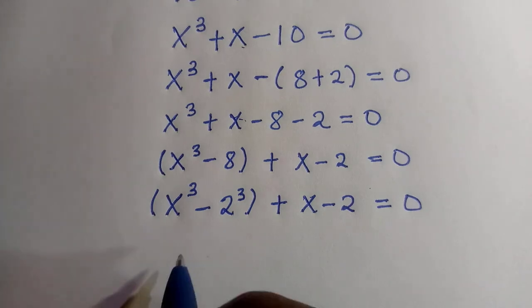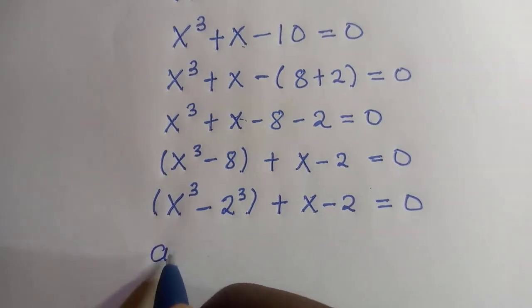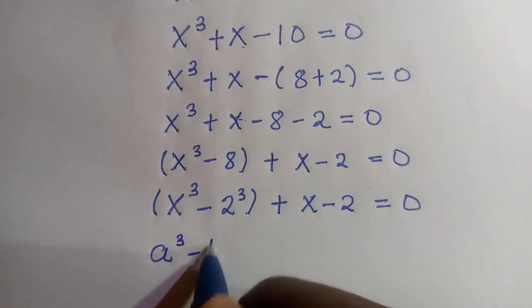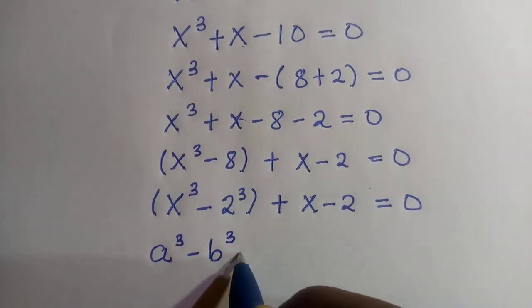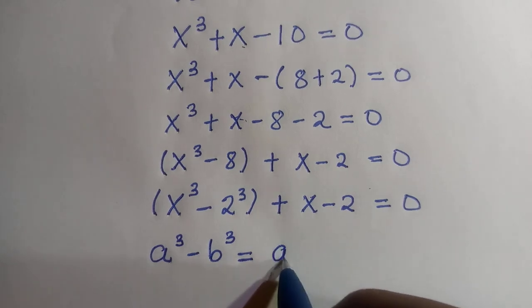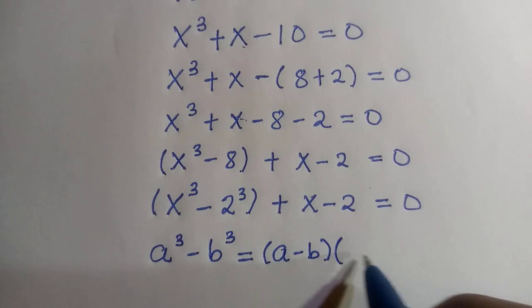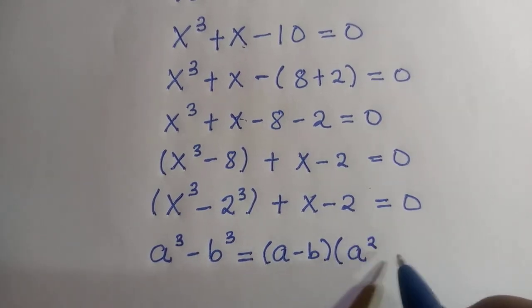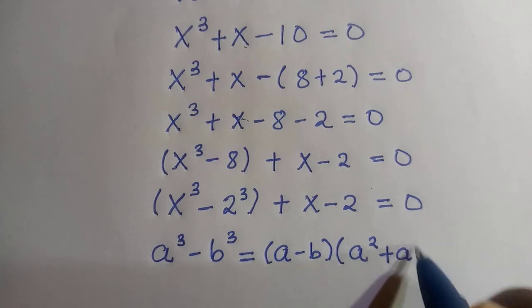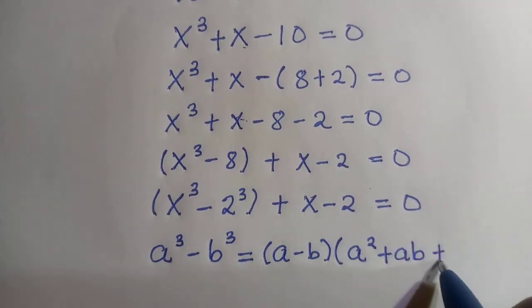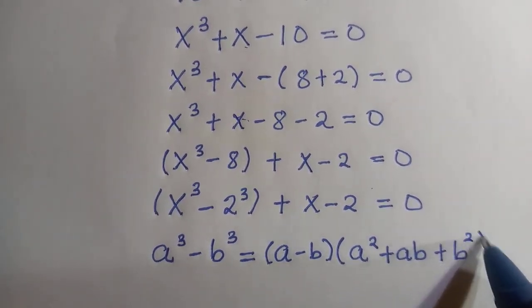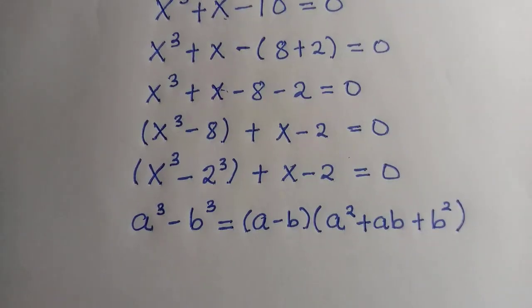We have to note that a to the power of 3 minus b to the power of 3 is given as a minus b, open bracket, a to the power of 2 plus ab plus b squared. This is the difference of two cubes.